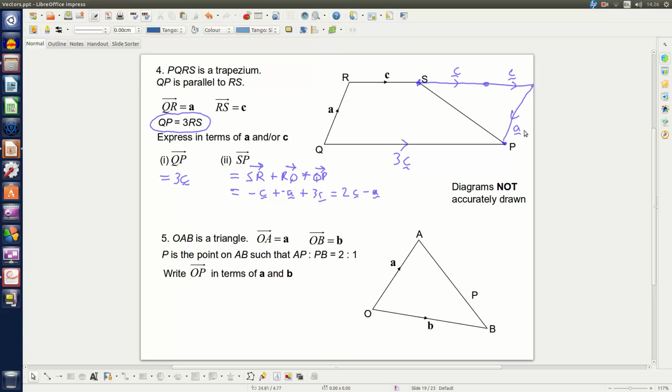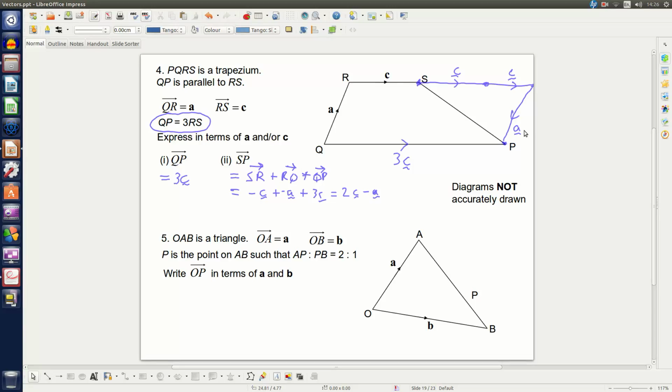Sure enough, that 2C minus A does take us from S to P if you put them in strings going along, because basically if you add 2 vectors you just put one vector on the end of the other vector and it tells you the resultant vector, which is what we did in the first question.